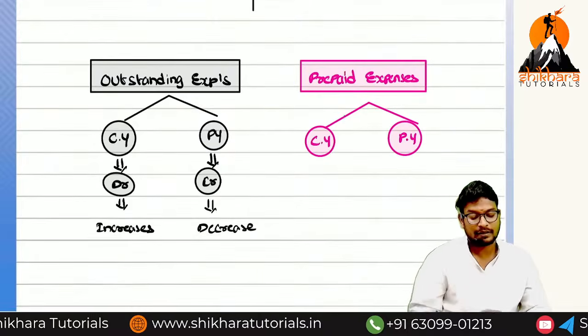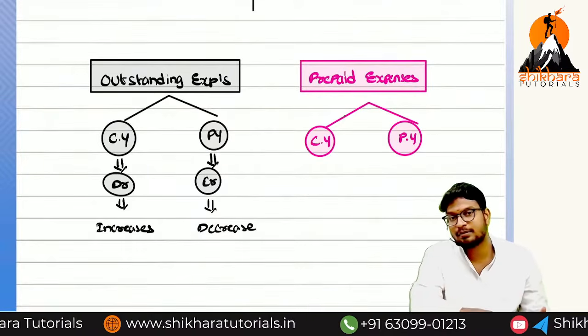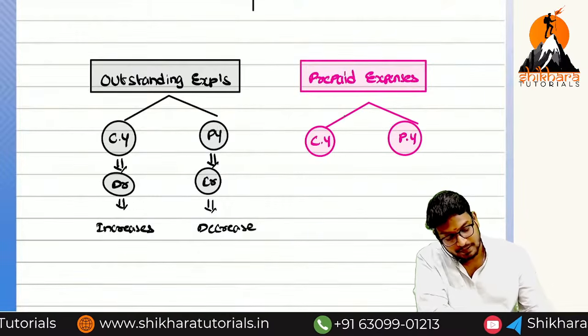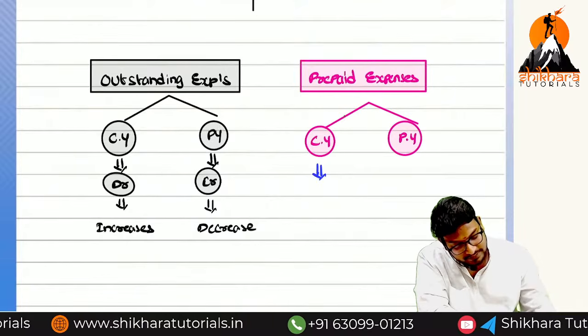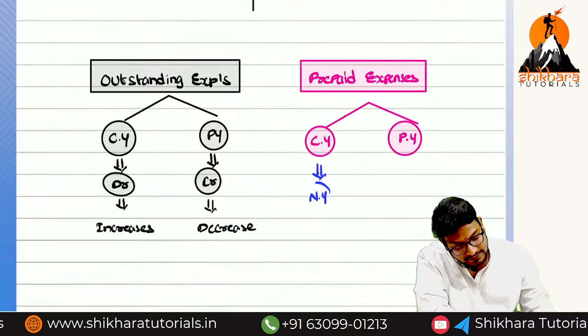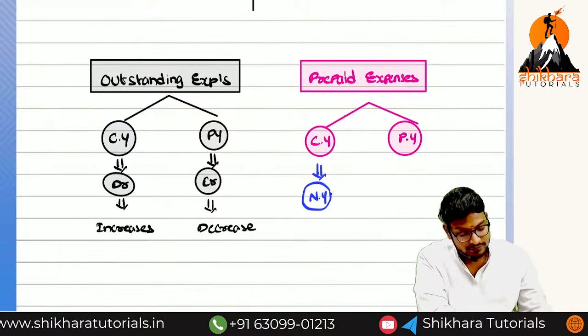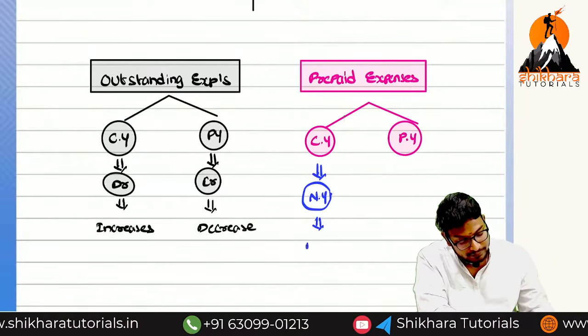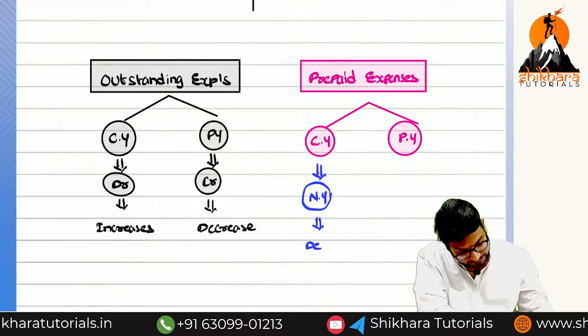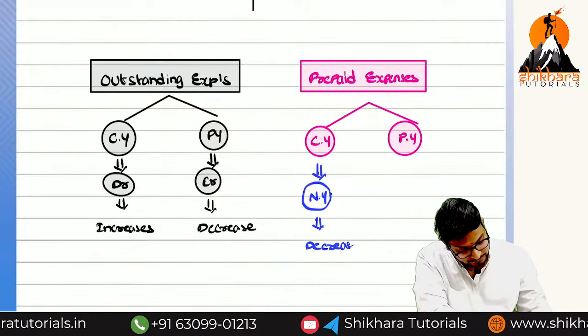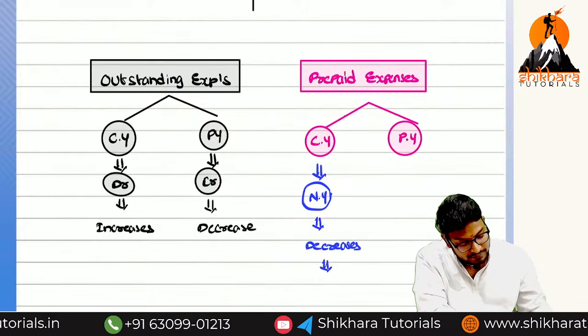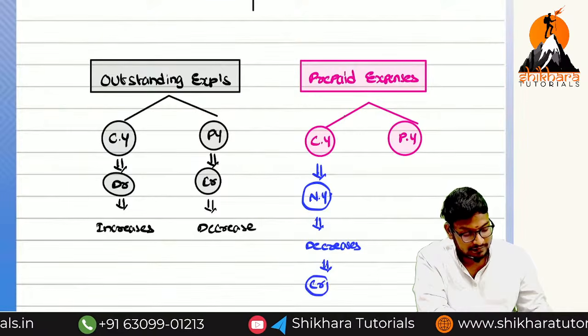Current year prepaid means it belongs to which year? Next year. So next year things we have to consider or not consider? That is the reason we need to decrease. Decrease means which side? Credit side. Are you getting the point?